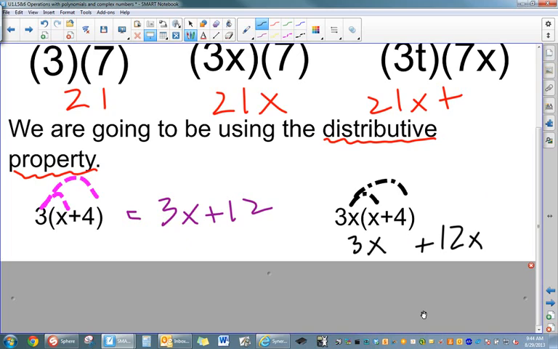What is x times x? So 3x squared plus 12x. 3x squared.